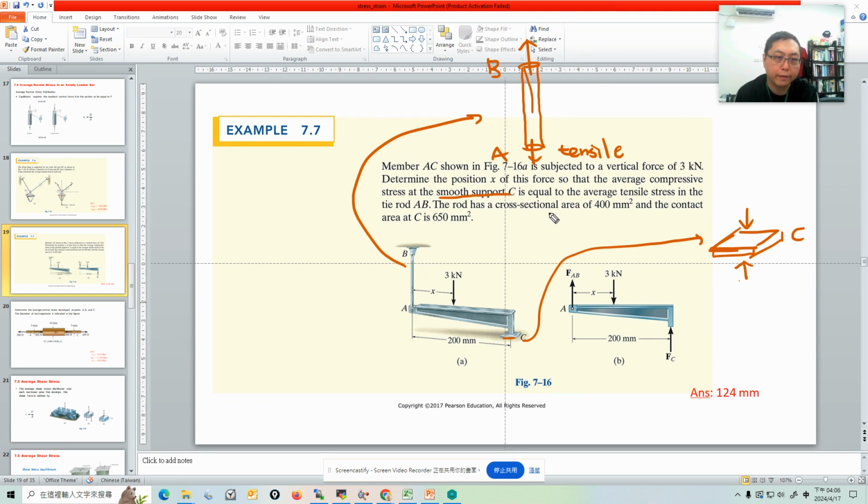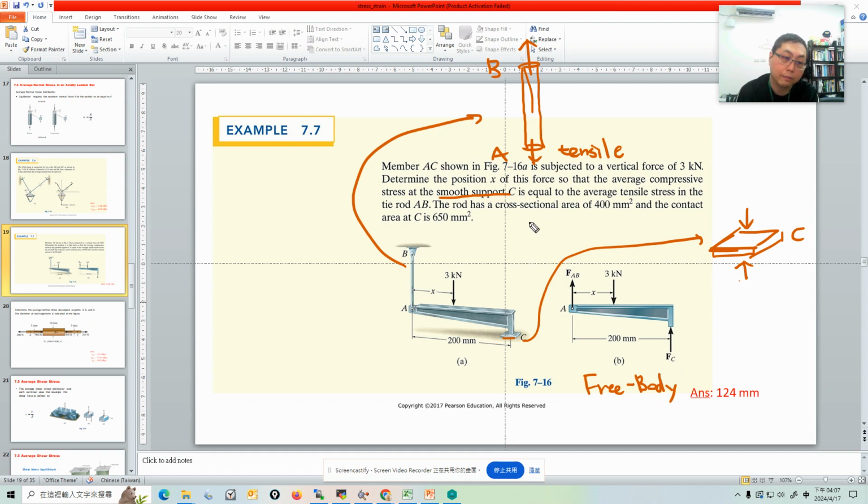The AB rod is subject to tensile stress, and C is subject to a compressive stress, each with its own direction. But let's look at this free body diagram. You may be wondering why the directions of the forces FC and FAB are both pointing up.